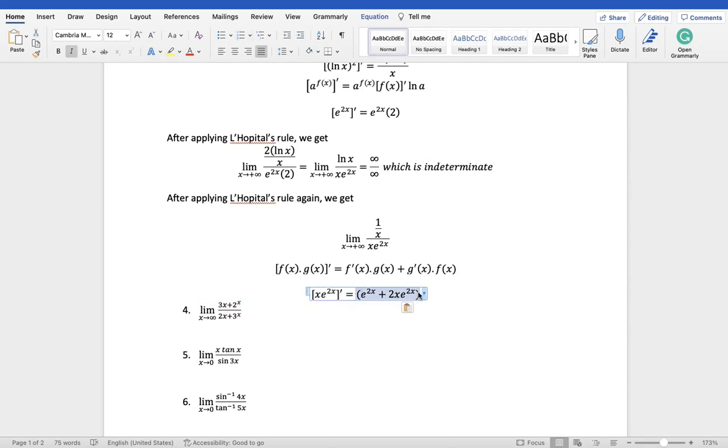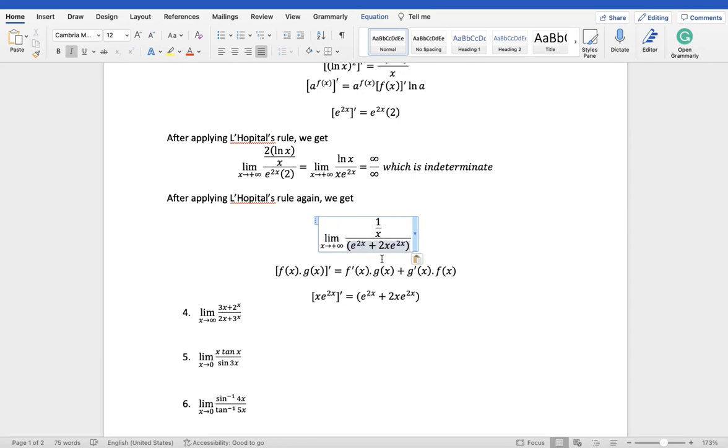Okay, so let's plug in this derivative that we found into the denominator there. And what we get is this, which of course can be simplified to be equal to, just copy this, the x can come to the denominator.